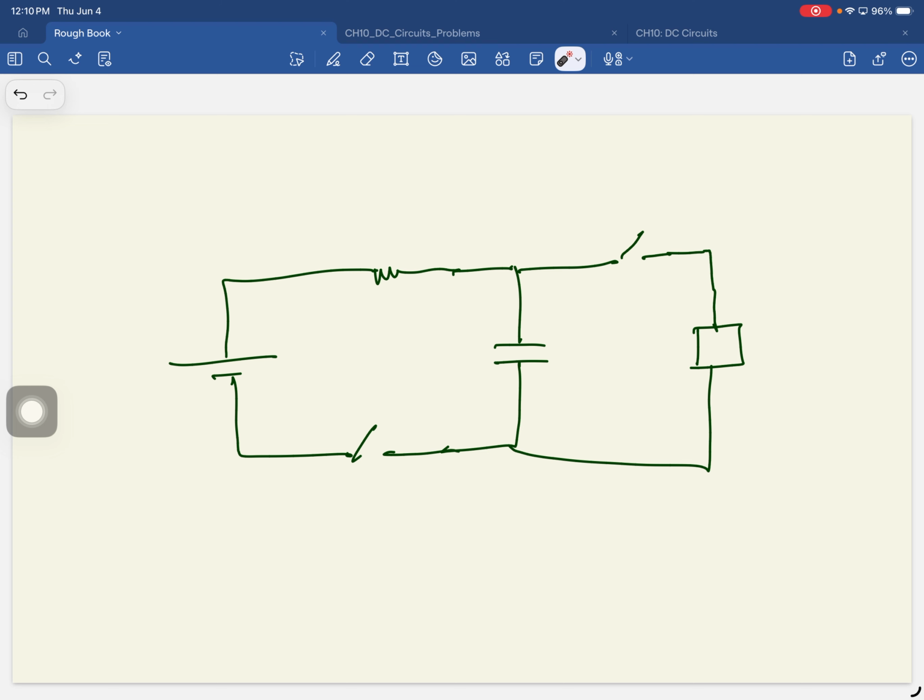It could be a flash camera bulb, it could be jump starting somebody's heart, it could be a pacemaker, or any of the other things. So you charge the capacitor, and then you can discharge this through, it could be a supercar, a sports car, which has supercapacitors in them.